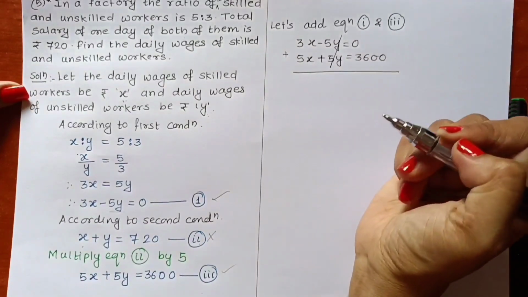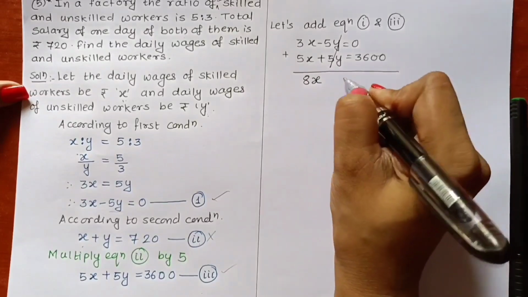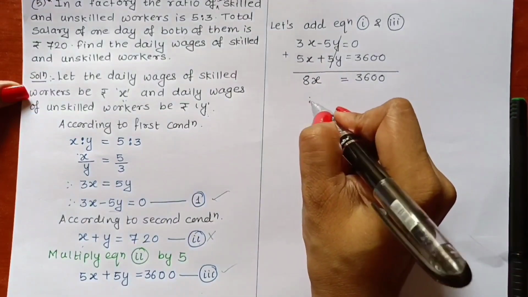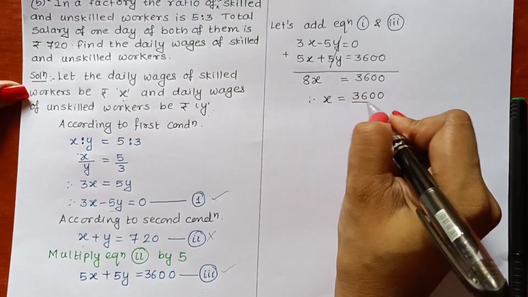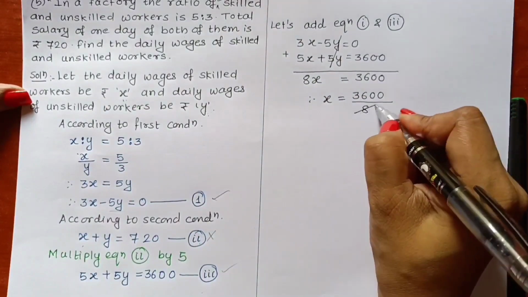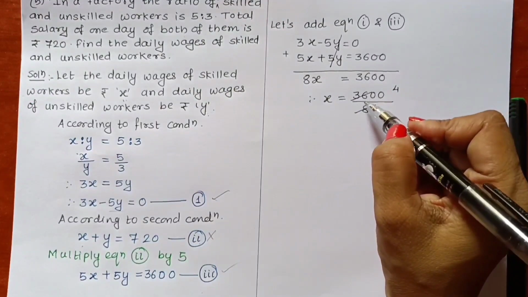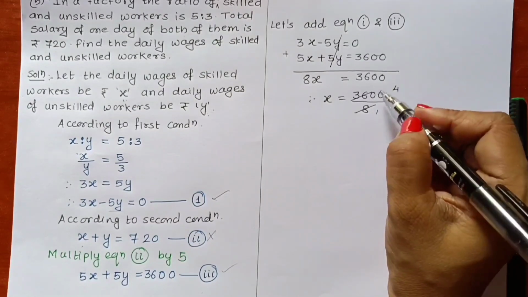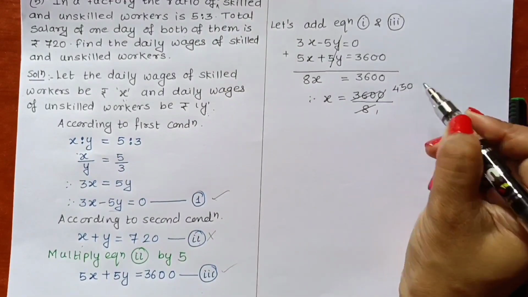Plus 5y minus 5y cancelled, 3x plus 5x is 8x, 3 plus 5 is 8, is equal to 0 plus 3600 is 3600, and therefore x is equal to 3600, 8 transferred becomes divide by 8. 8 1s are 8, 8 4s are 32, 36 minus 32, 4 remaining, and then this 0 means 40, 8 5s are 40, and one more 0 is there, 8 zeros are 0.